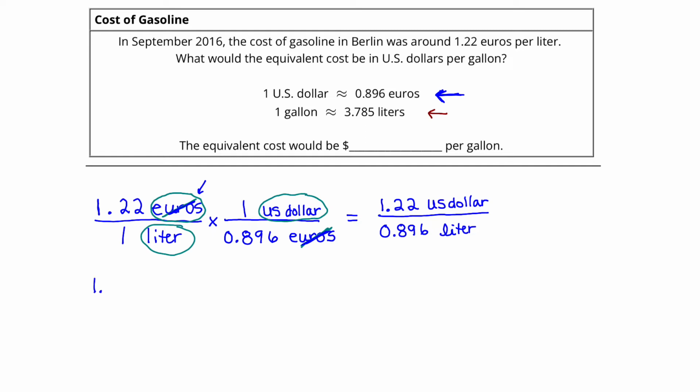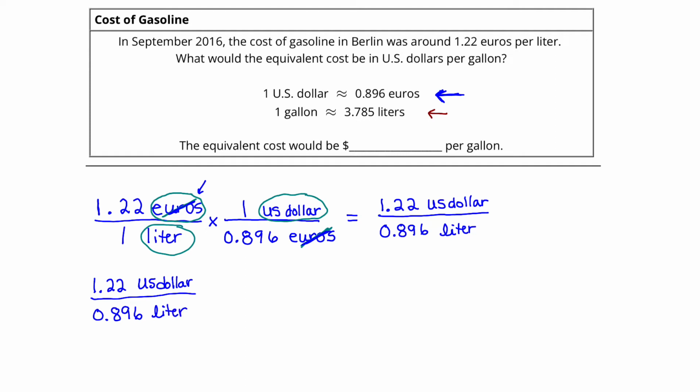I want to rewrite that fraction down here and continue, but this time, instead of focusing on the currency, I want to focus on the capacity. Namely, I want to convert those liters into gallons.